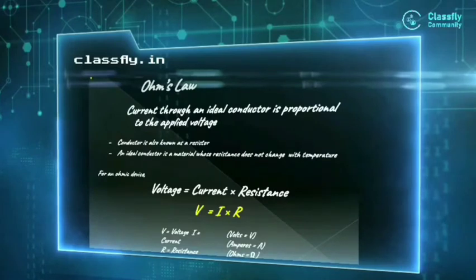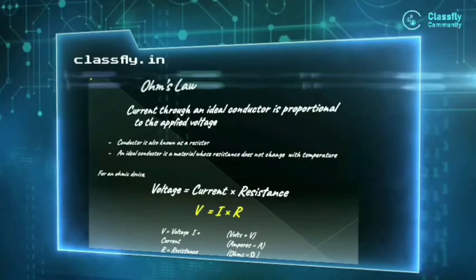What does it basically mean? Current through an ideal conductor is proportional to the applied voltage. Basically this statement states that current is directly proportional to the voltage. If we increase the current, then the voltage, or the potential difference, will also increase.